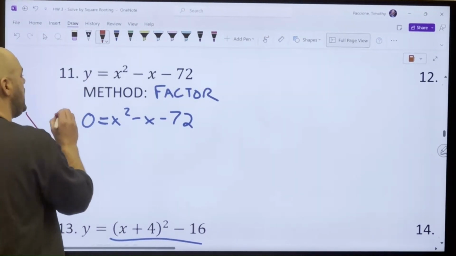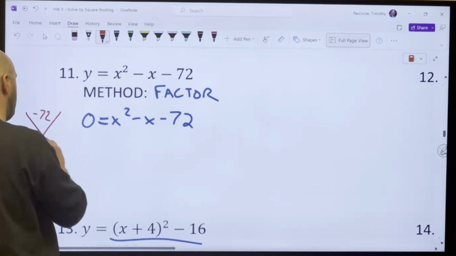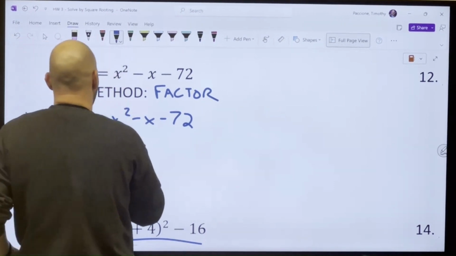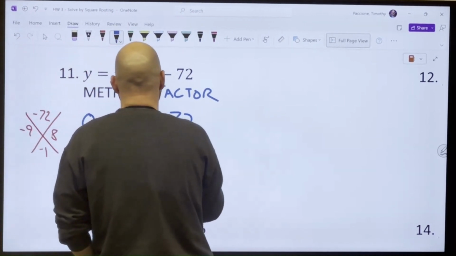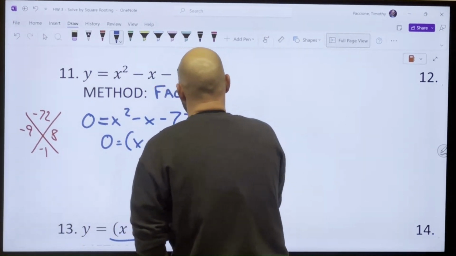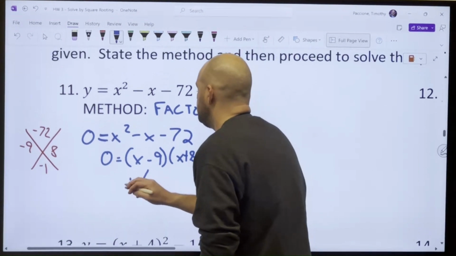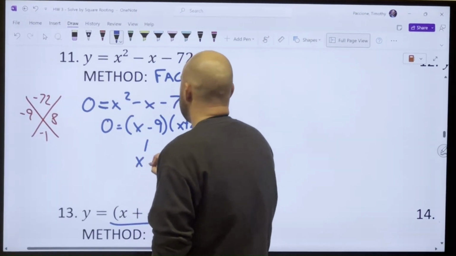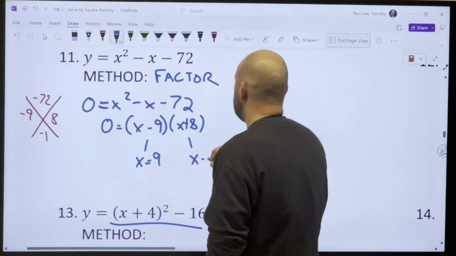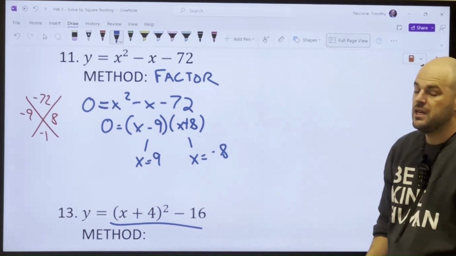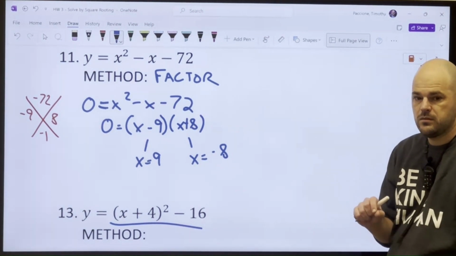So I would say, okay, I got minus 72 on top, minus 1 on the bottom. That's minus 9 and 8, right? So that becomes 0 equals x minus 9, x plus 8. And that means x equals 9 and x equals negative 8. And I have solved it, okay? So you got to recognize the situation, which one it is, and then go from there.